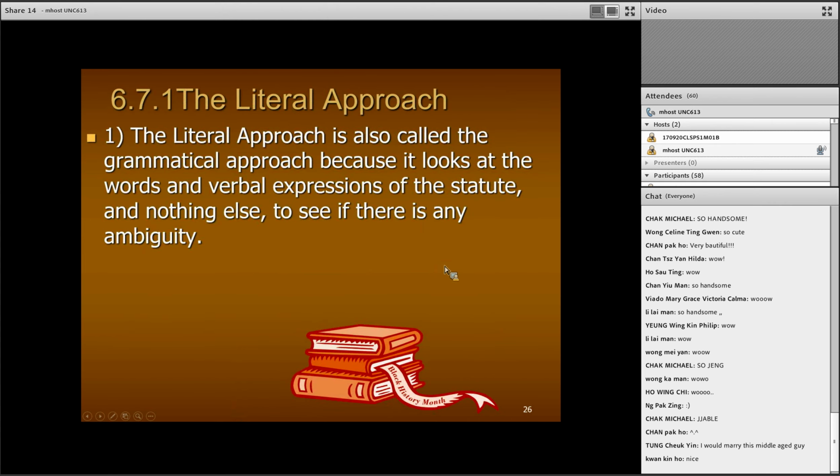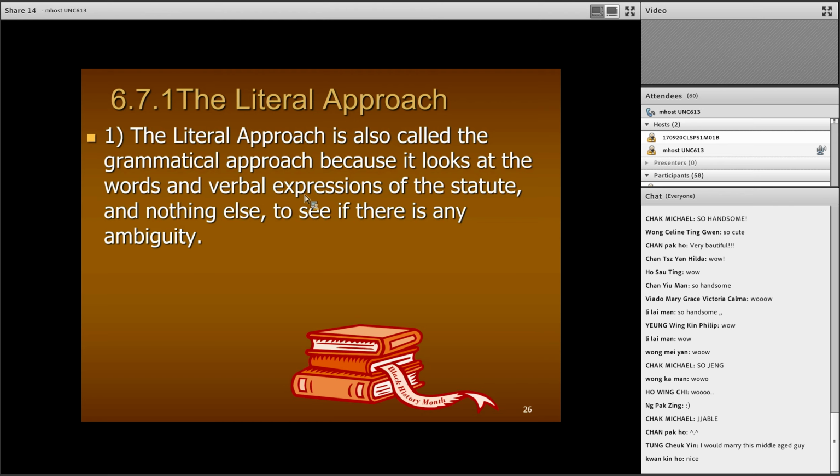Okay, so we can go through them one by one. The first one is called the literal approach. 字面法規. So literal meaning. From time to time, we use the term literal meaning. For example, there are so many meanings.